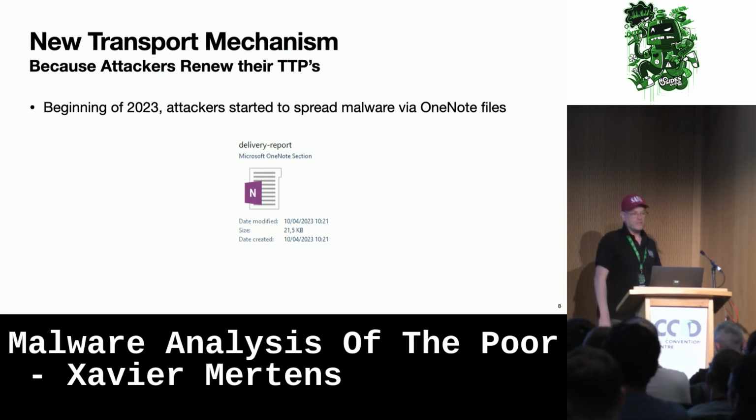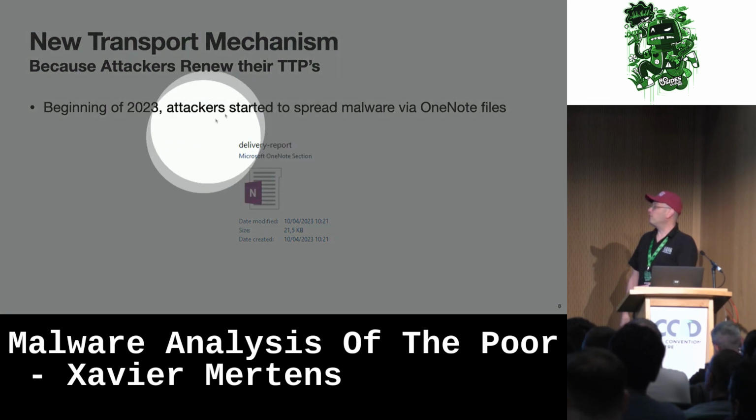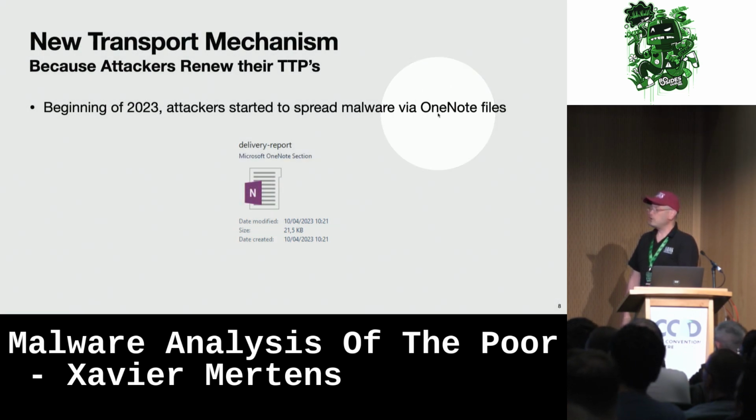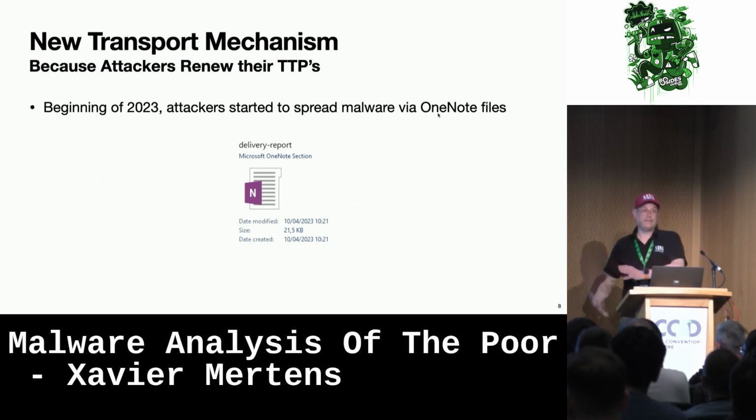At the beginning of this year, it was already in January, we saw a new type of attack based on Microsoft OneNote files. Microsoft OneNote is not known by a lot of people, but when you install Microsoft Office, the complete suite, you get Excel, Word, PowerPoint, Outlook, but you have a lot of small tools aside these big programs. And one of them is OneNote.